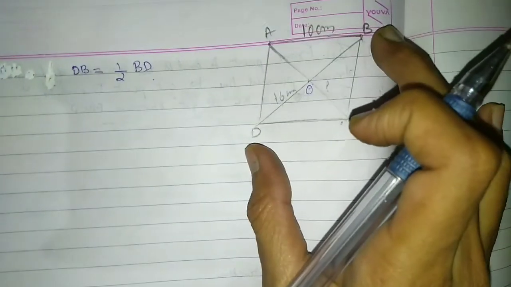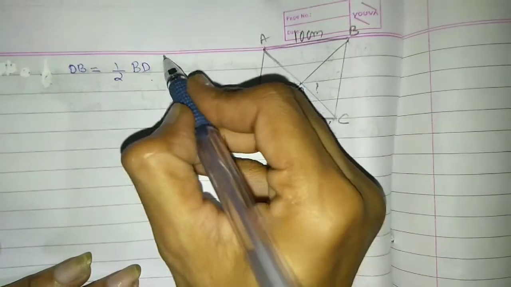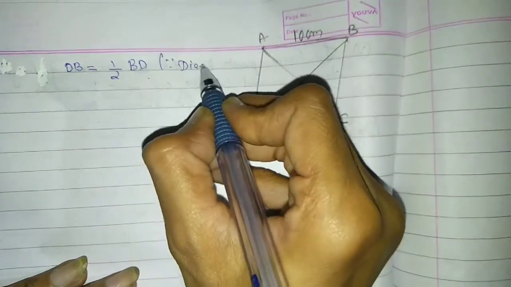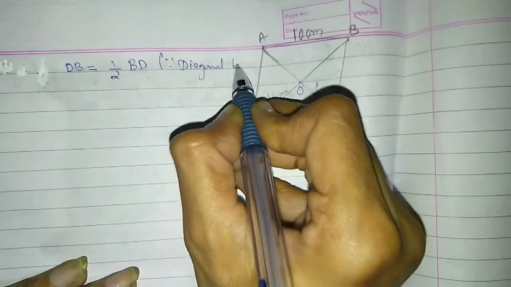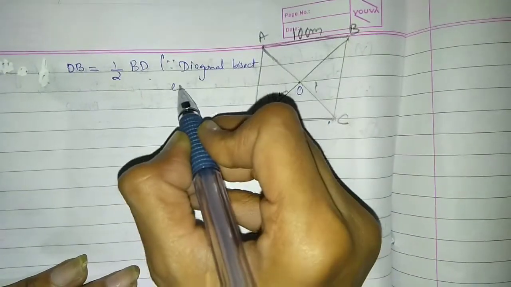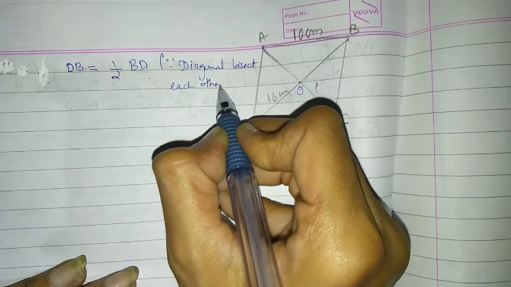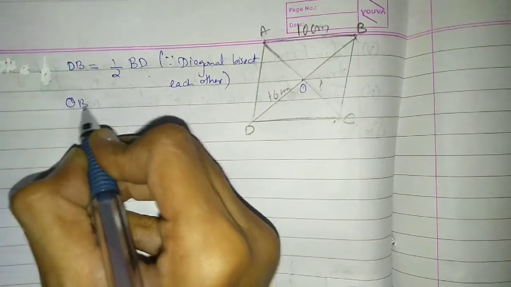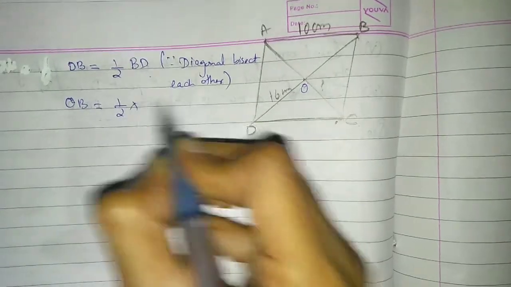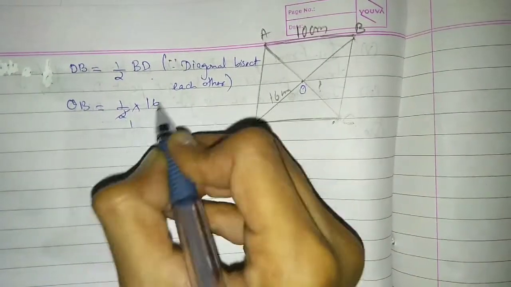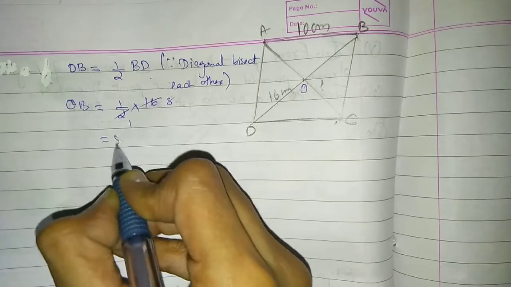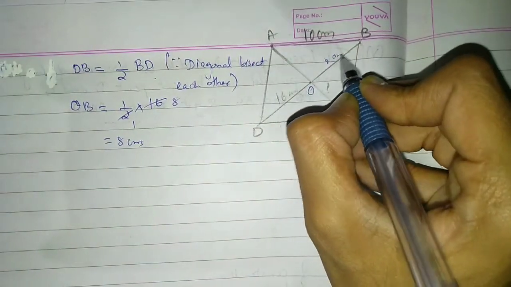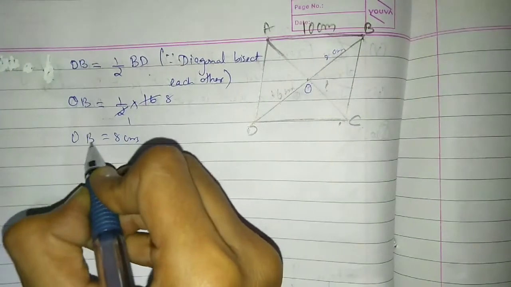Why this? Because in a rhombus diagonals bisect each other. So OB equals half into BD, which is 16, so 8 centimeter. So OB is 8 centimeter.